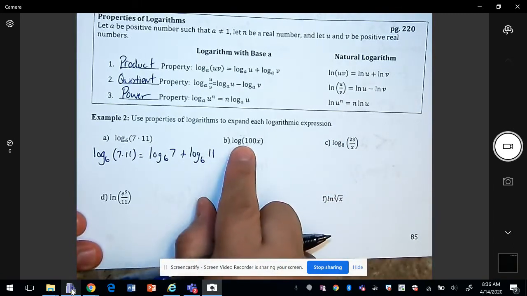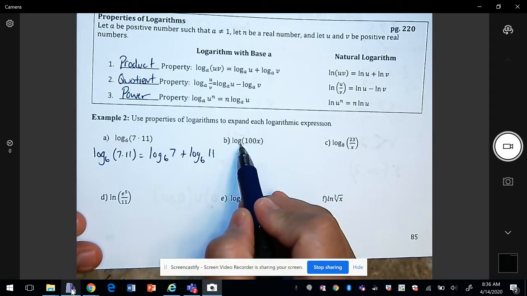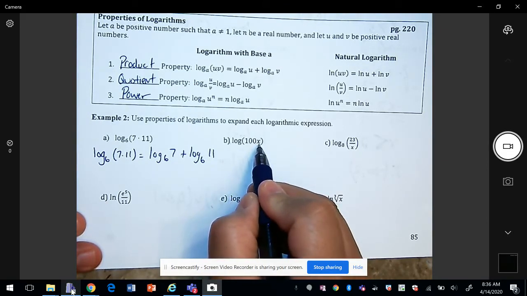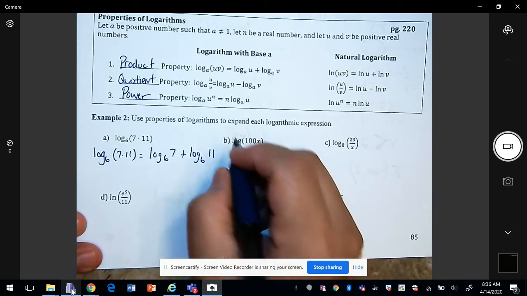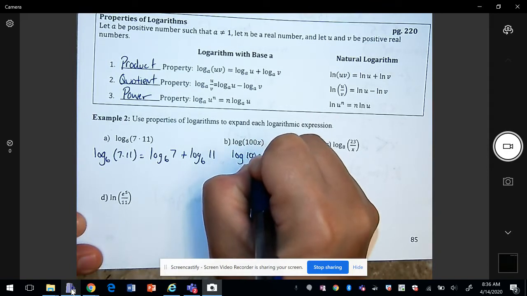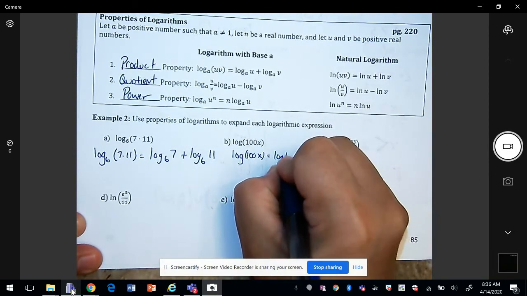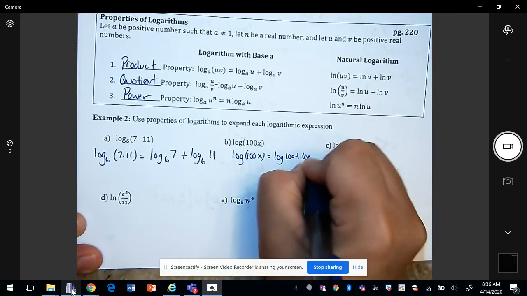If we look at the next one, we have log of 100 times x. The base here is 10, since we don't see a base, and 100 and x are being multiplied, so we can rewrite this as log 100 plus log x.